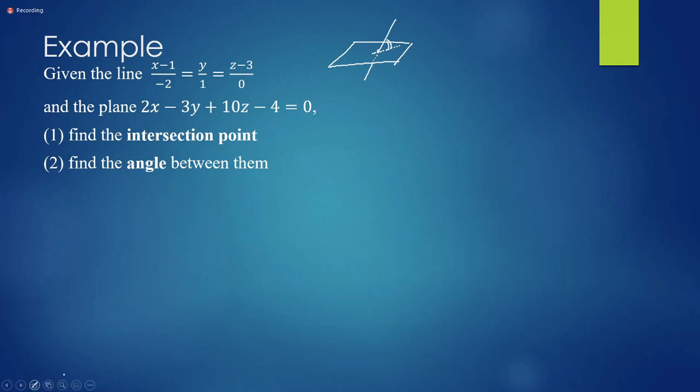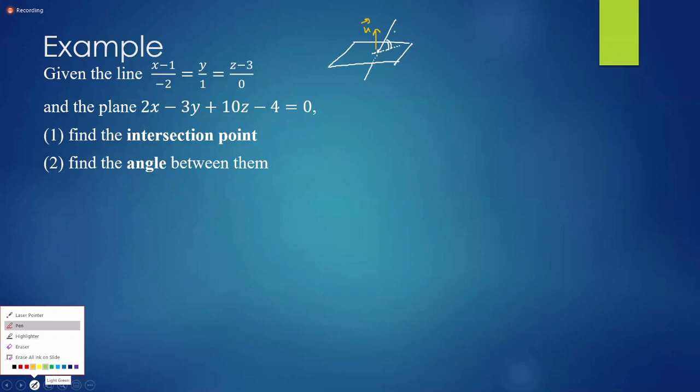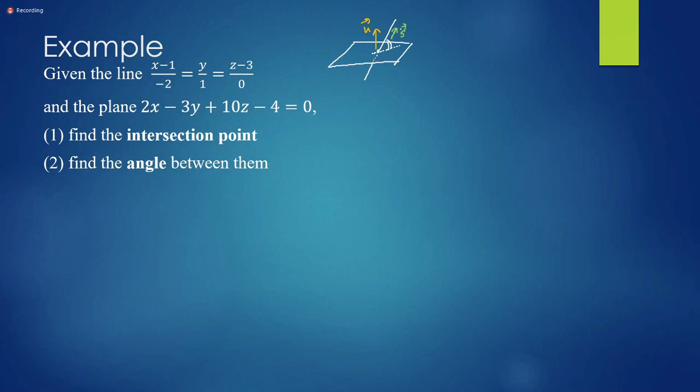So the normal vector was something that I generally depicted, I think, in orange. So this is the normal vector of the plane, and then we have the direction vector, which is generally depicted in green. Let's do it in green. The direction vector of the line, and so that would be for the angle later on.